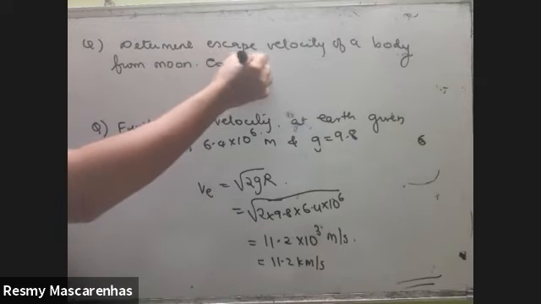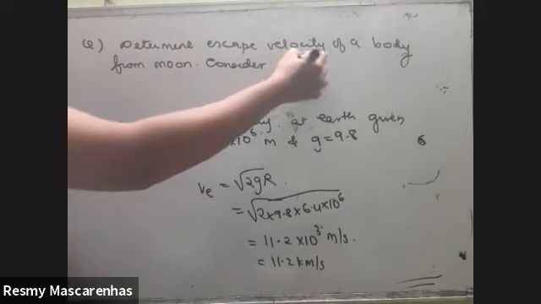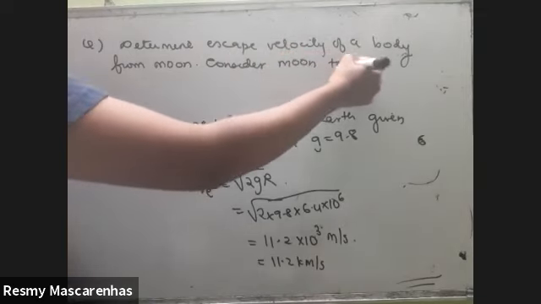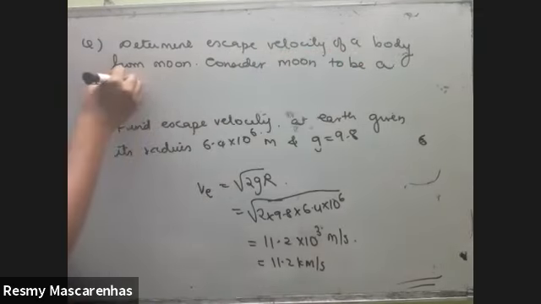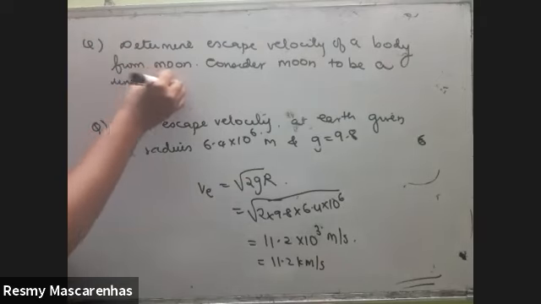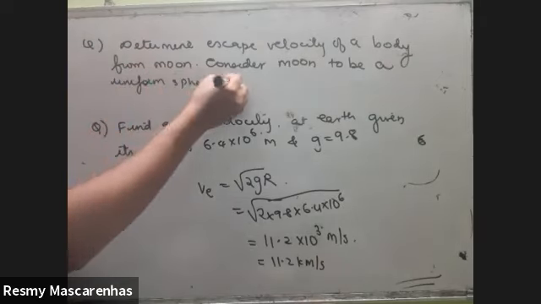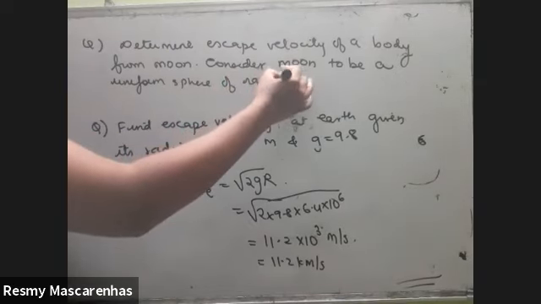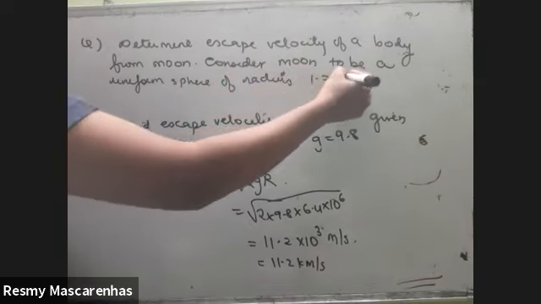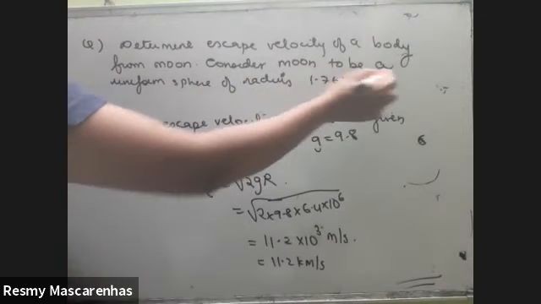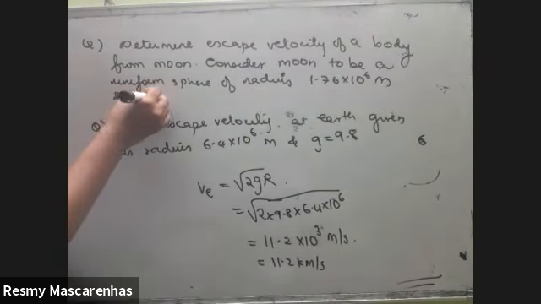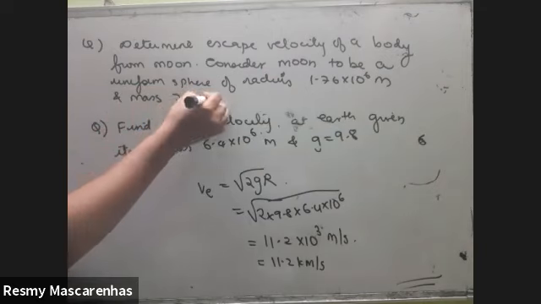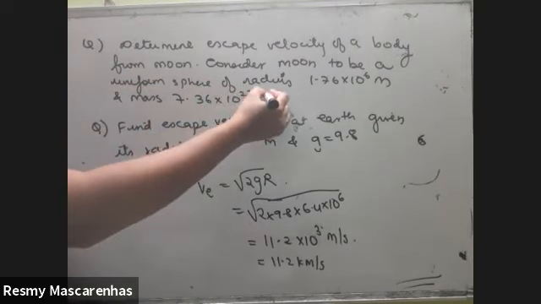Consider the moon to be a uniform sphere of radius 1.76 into 10 raised to 6 meters and mass 7.36 into 10 raised to 22 kg.